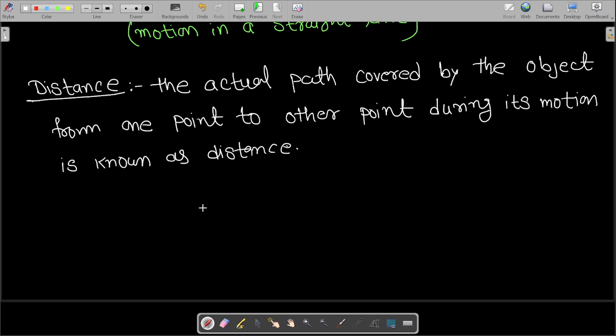Suppose I started from point A and go like this and finished at point B.